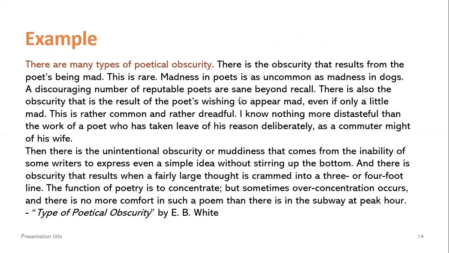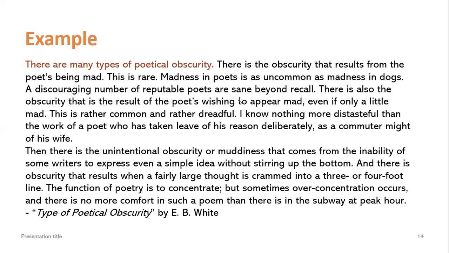And this is from Type of Poetical Obscurity by E.B. White. There are many types of poetical obscurity. There is the obscurity that results from poets being mad. This is rare. Madness in poets is as uncommon as madness in dogs. A discouraging number of reputable poets are sane beyond recall.